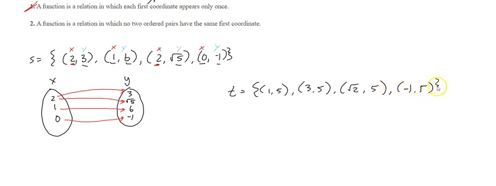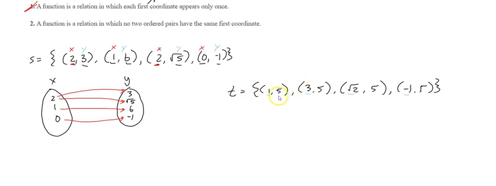A horrible 5 at that. Okay, well, let's look. Do we have a relation in which the first coordinate appears only once? Let's look through here. I've got a 1, a 3, a root 2, and a negative 1. Okay, perfect. So I do not have any repeating x's. A function is a relation in which no two ordered pairs have the same first coordinate. We've already figured that out.